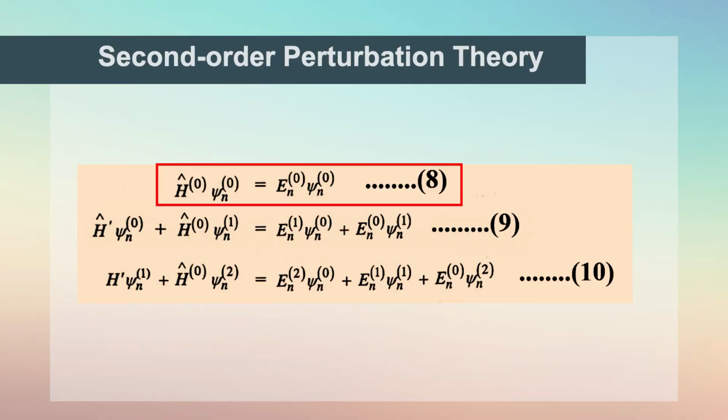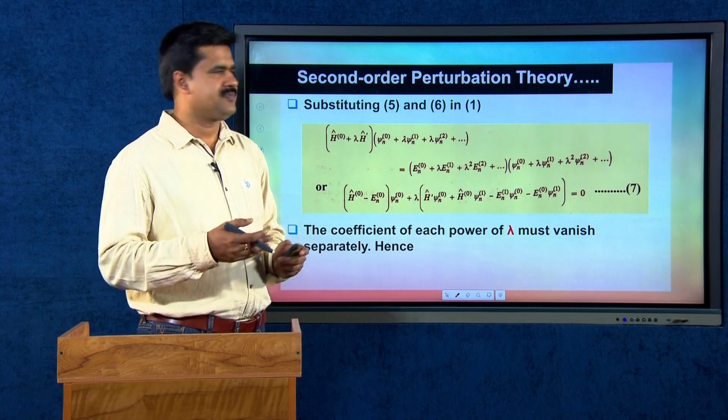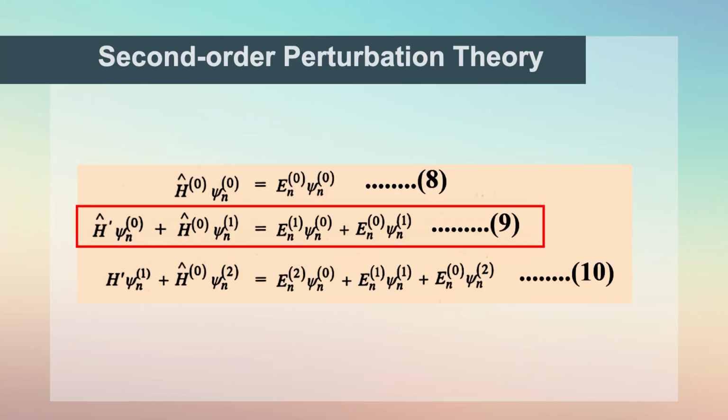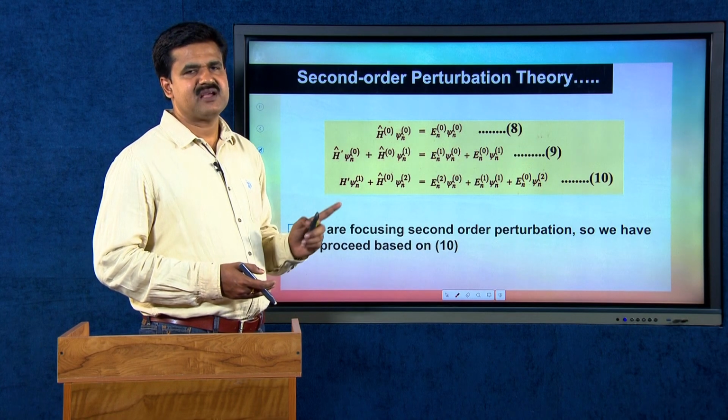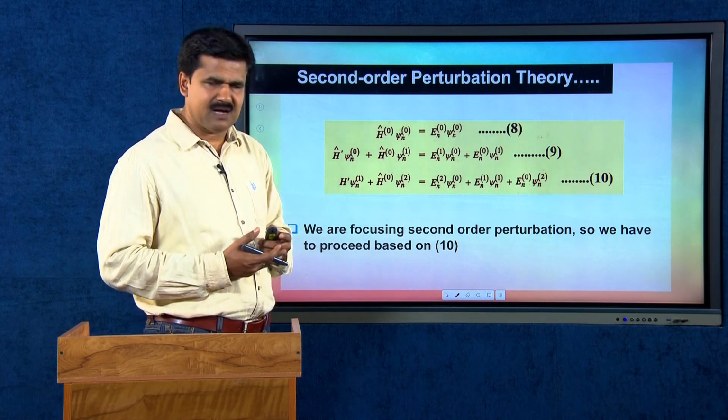They are H hat 0 psi n0 is equal to En0 psi n0, which I mark as equation 8. This is obtained by vanishing the coefficient of lambda raised to 0. And the equation H hat dash psi n0 plus H hat 0 psi n1 equal to En1 psi n0 plus En0 psi n1, equation 9, is obtained by vanishing the coefficient of the first power of lambda.